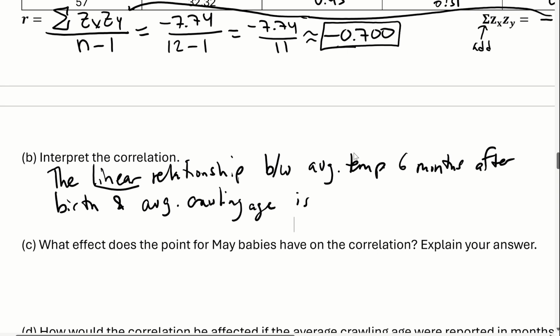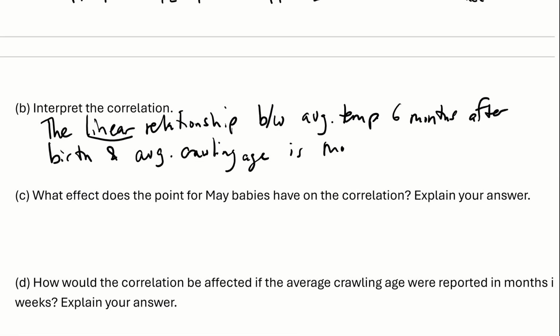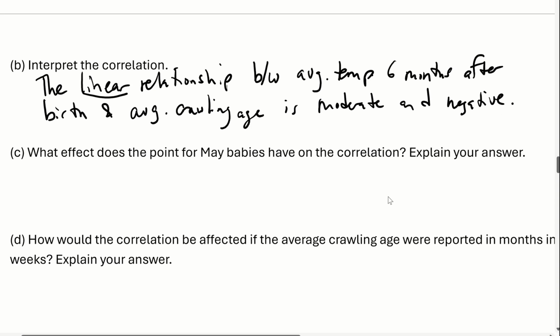We could say moderate, that's fine. Borderline moderate-strong, moderate and negative. So the linear relationship between the two variables is moderate and negative.